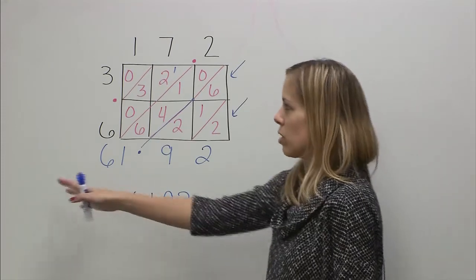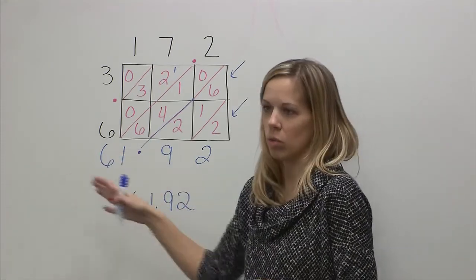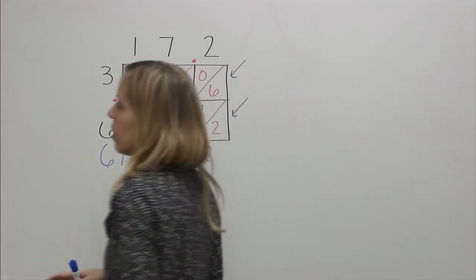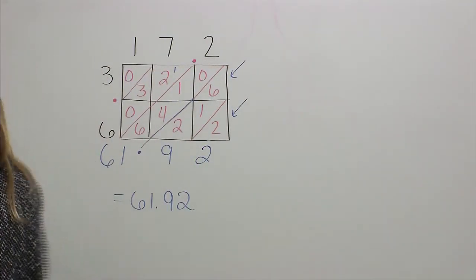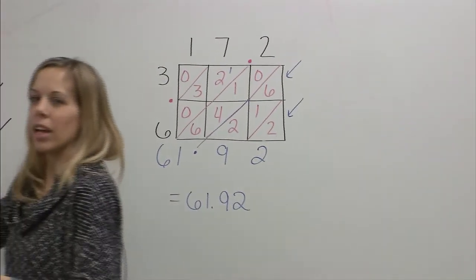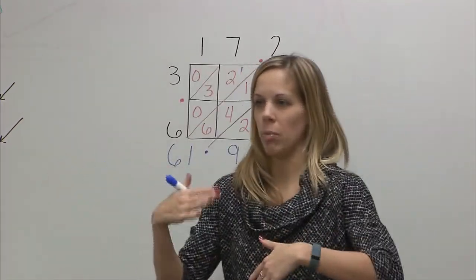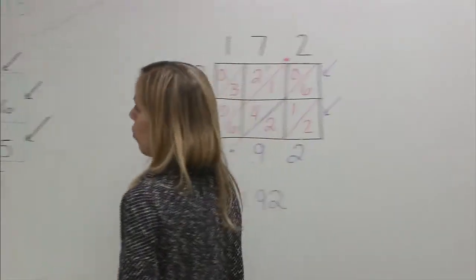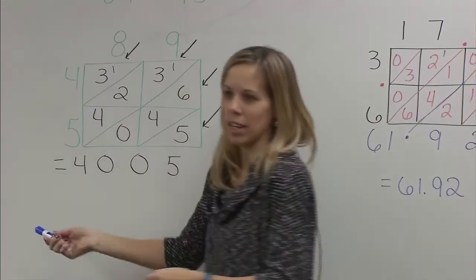And again, this one is just more for the visual learners. This helps make it more visual for them. I think that the problem with this one versus the other ones is, again, they're just following a process and they don't really understand, okay, why do I add on a diagonal?